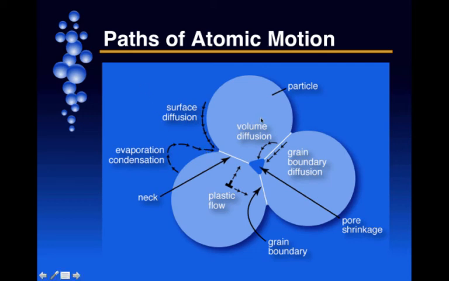However, it's the diffusion from the bulk that allows densification. The other two methods, surface diffusion and vapor phase, do not contribute towards densification. The motion of these atoms contributes towards neck growth in this region and shrinkage of the pore in the center. If you apply external pressure, of course, you can have plastic flow as well, and you can move material from the core of the particle towards the contact region.